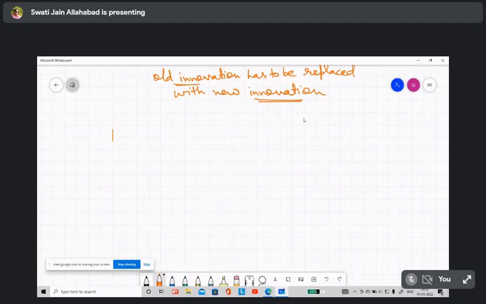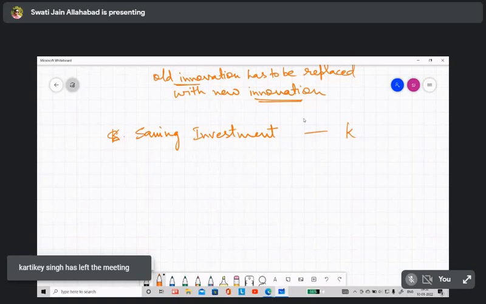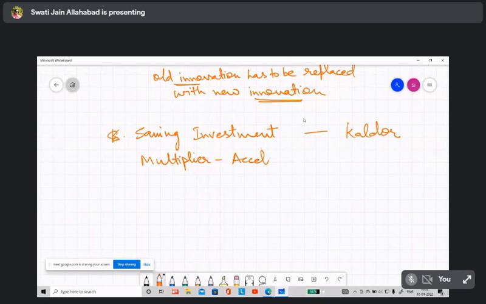The theory which we are not talking about right now is the savings investment theory, which is given by Kaldor. Then you have multiplier accelerator, which is given by Hicks and Samuelson.